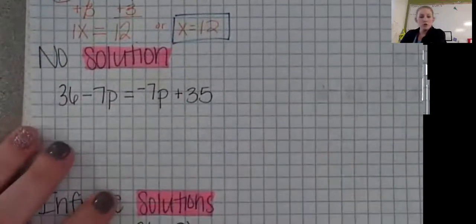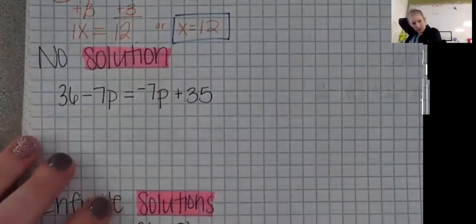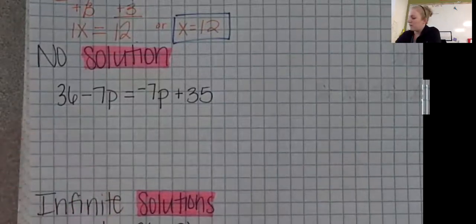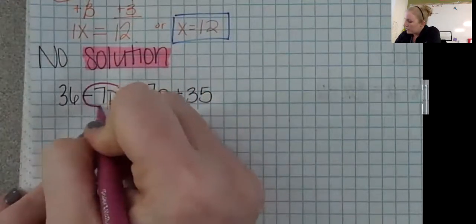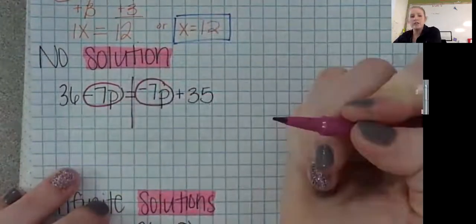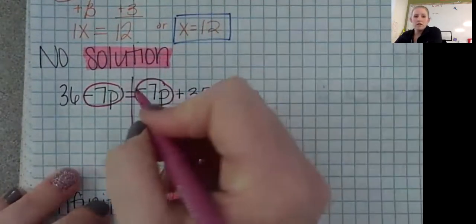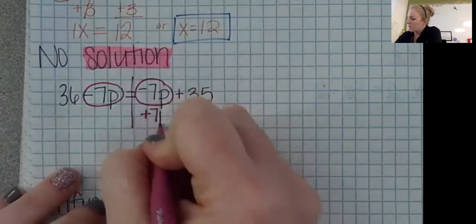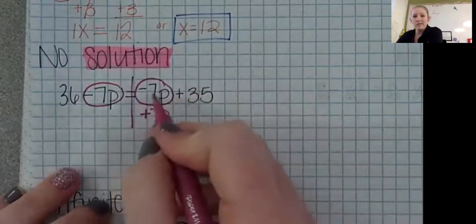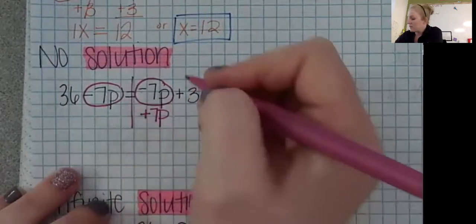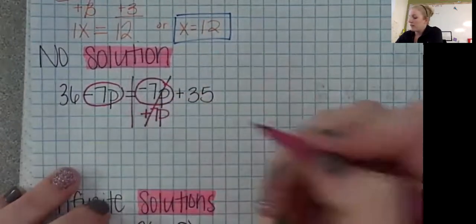Now, if we have no solution, circle your variables. They're on opposite sides, so I need to do the opposite to one of them. The opposite of a negative 7p would be a positive 7p. If I owe you 7 pineapples and I give you 7 pineapples, we're evened out.